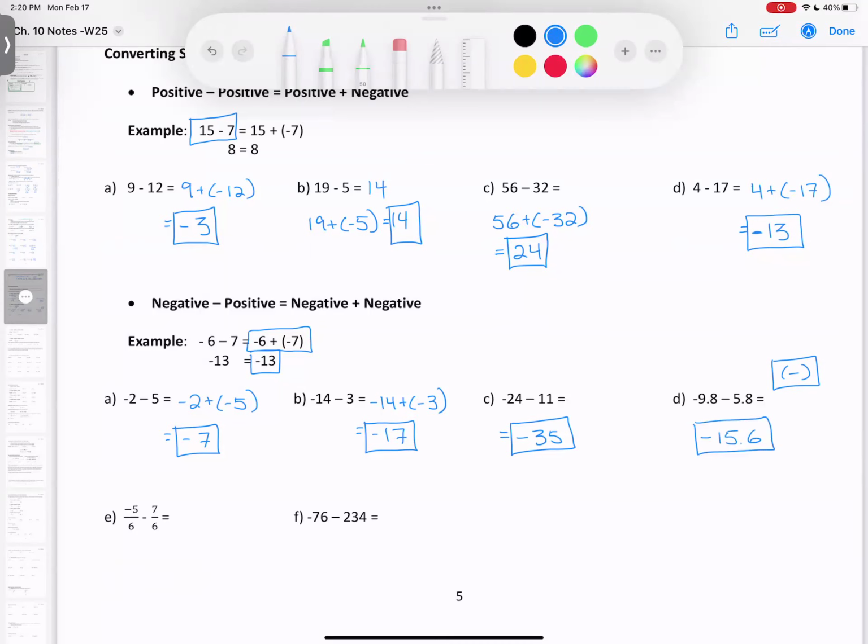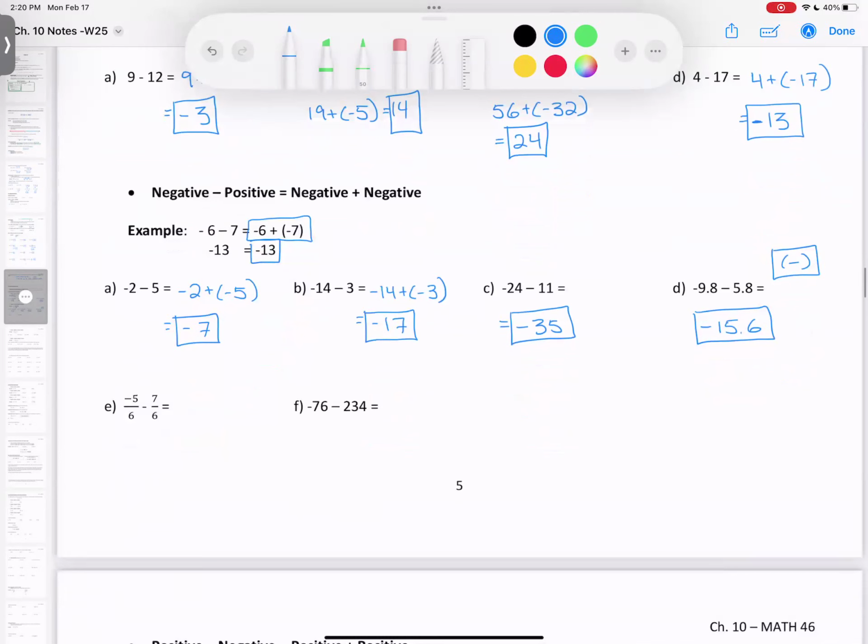Okay, next one, we've got a fraction here. We have like denominators, so our denominator is going to stay the same at 6. And we've got negative 5 minus 7, or you could think of this as negative 5 plus negative 7 over 6, if you like. Okay, again, our denominator stays the same, so it's 6. Our numerator then is what?